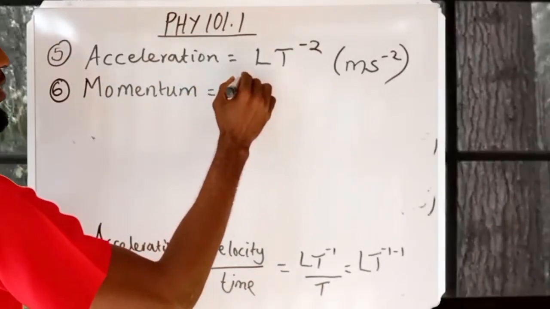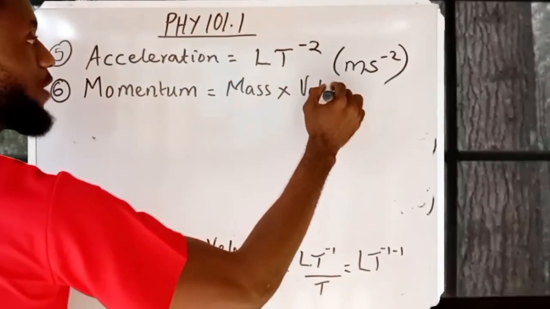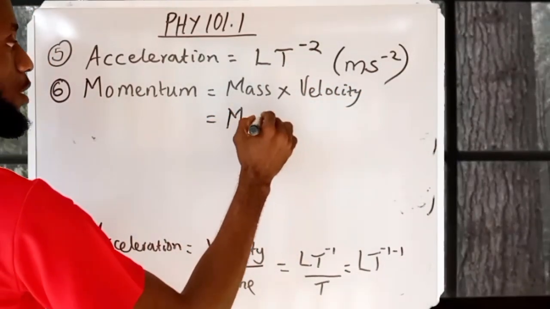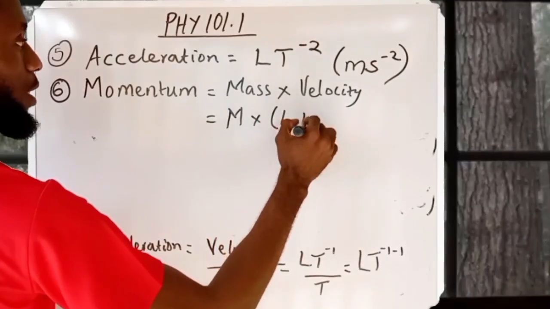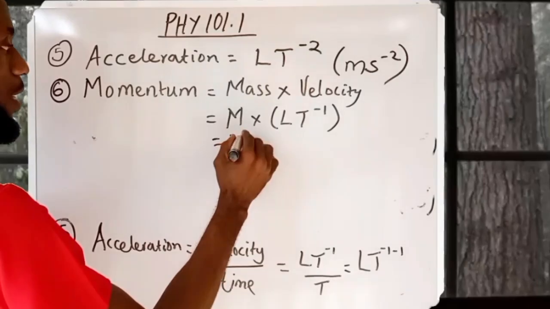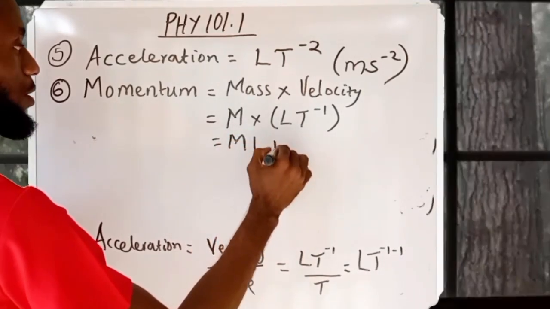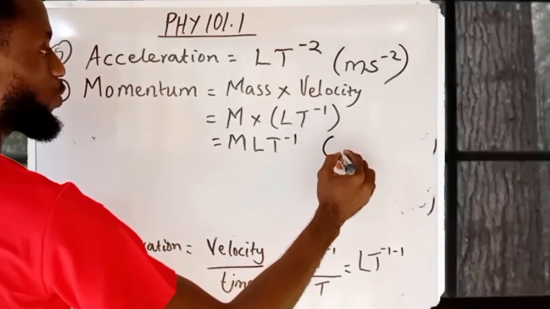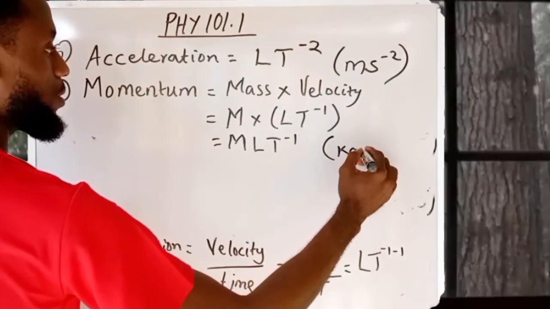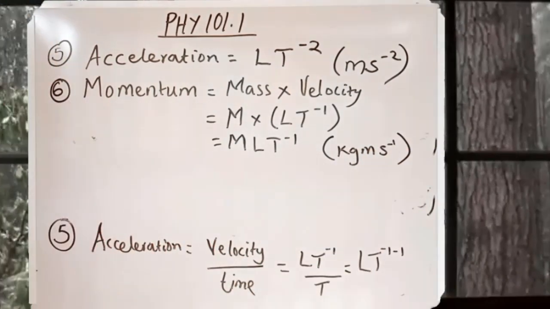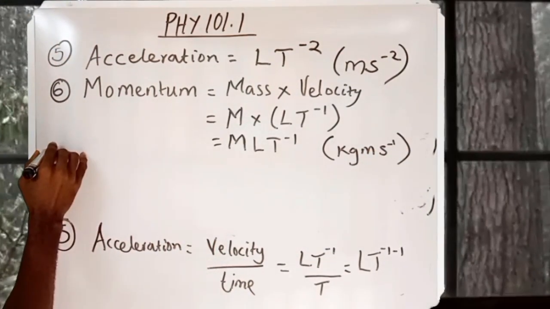Momentum uses mass to multiply velocity, which means your m is multiplying the L T raised to the power minus 1. So that gives us m L T raised to the power minus 1. The unit is going to be kilograms meters per second.